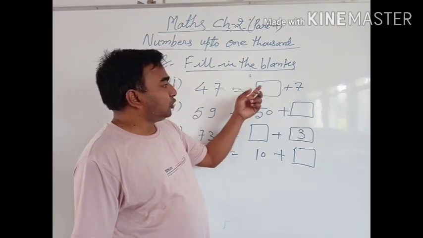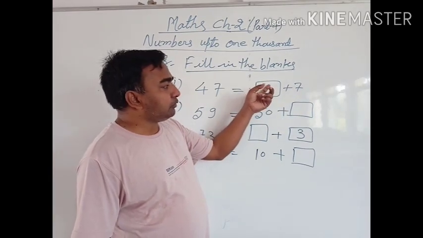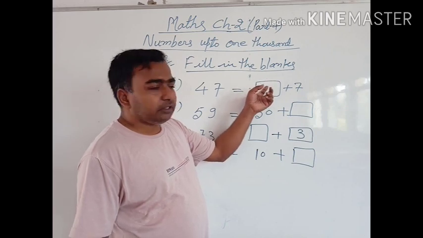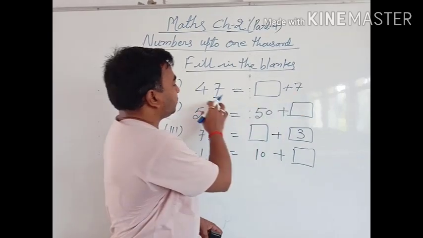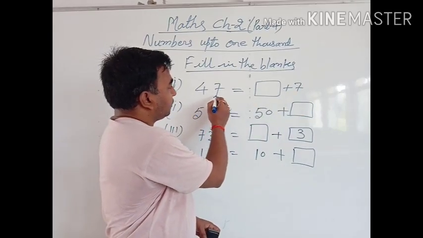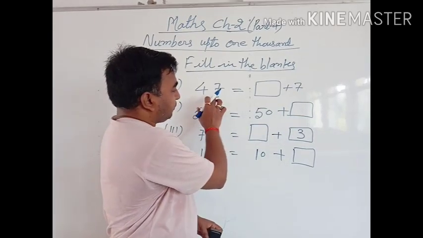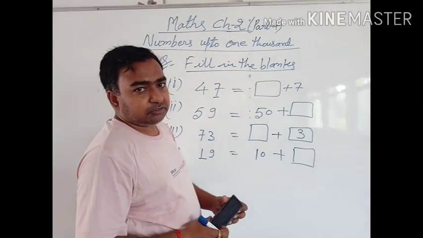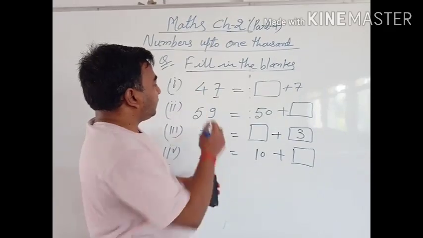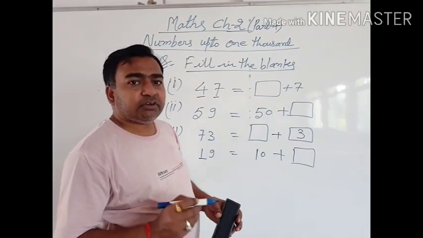I already wrote 7 because the place of 7 is ones. Now what is the place of this 4?